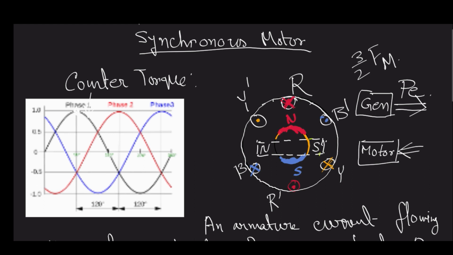But see, this is now rotating in this direction. Obviously, from R to Y, then to B, it will rotate in this way. So, if that is the case, can't we conclude that previously it was trying to repel your rotor, and now it is pulling your rotor, and if this pull is sufficiently large, then it can actually ensure synchronous rotation of your rotor.